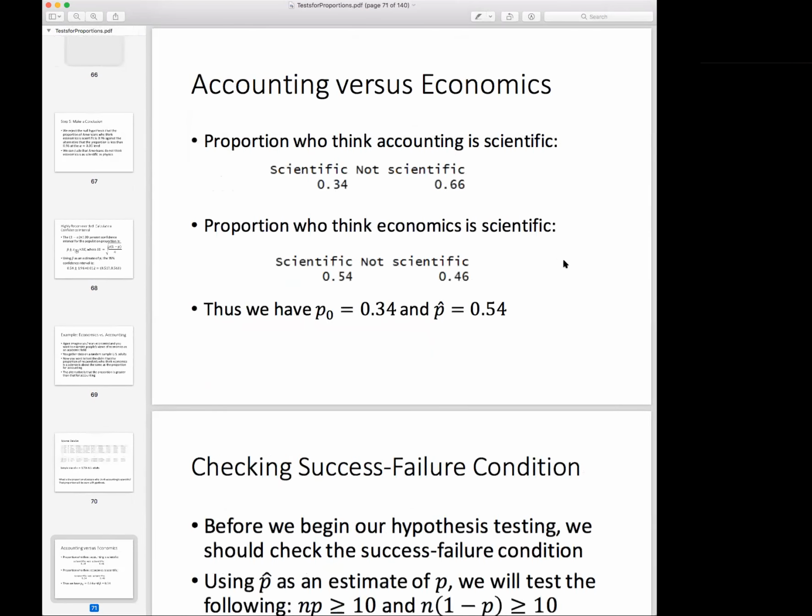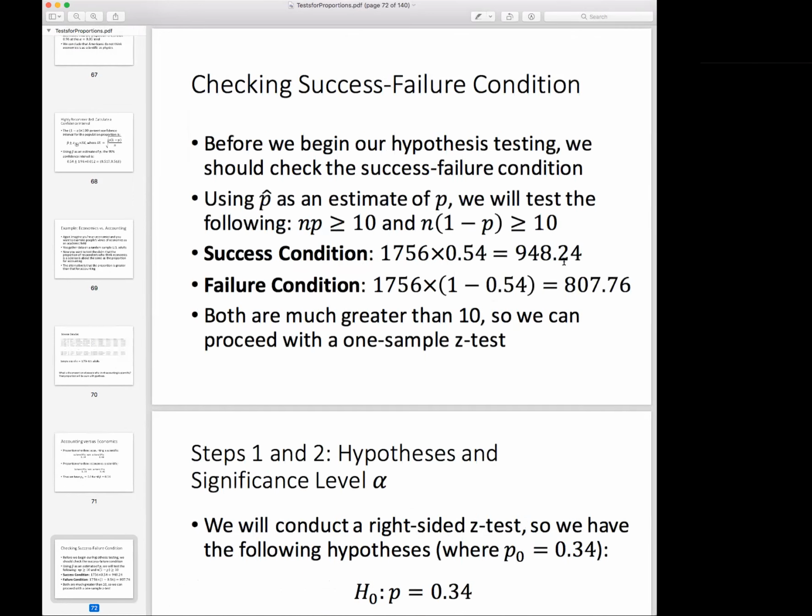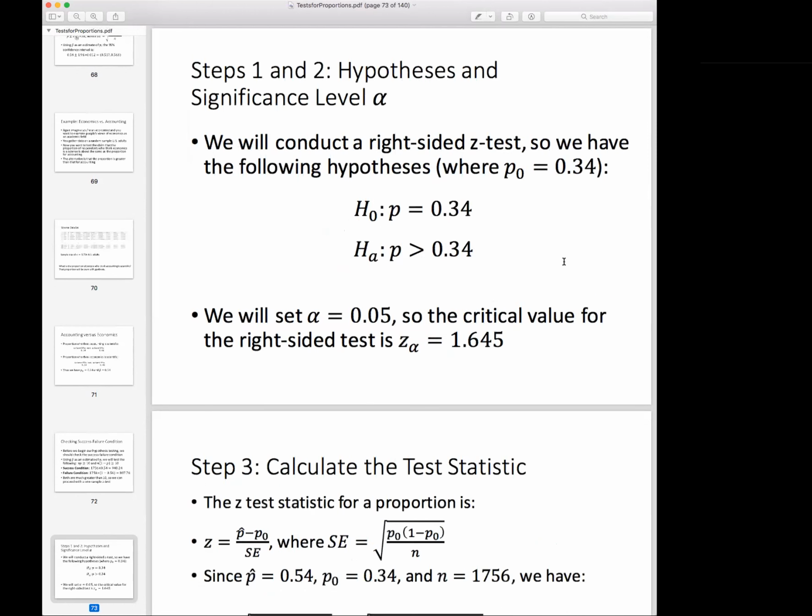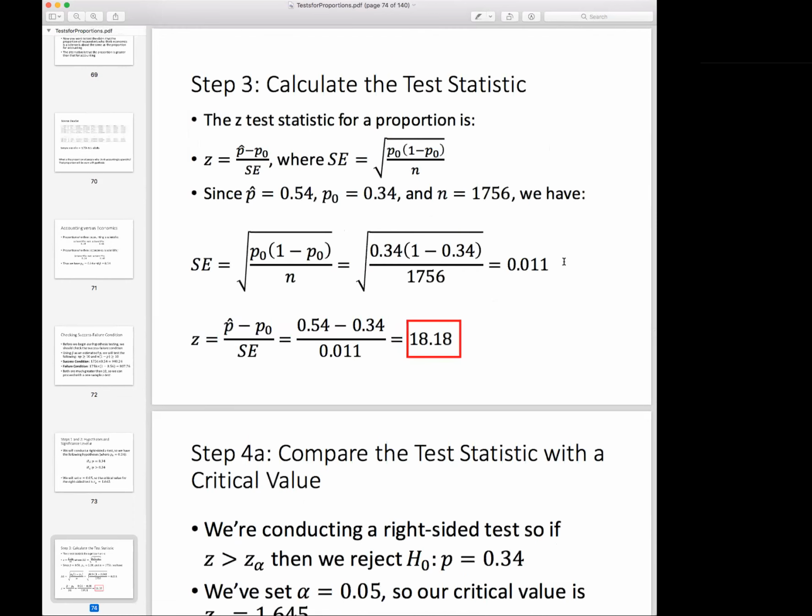Again, we can look at accounting versus economics. 34% of people think accounting is scientific, whereas 54% believe economics is scientific. We find that the success failure condition holds, and we're going to run a one-sided right-handed test. We find that our z test statistic in this case is 18.